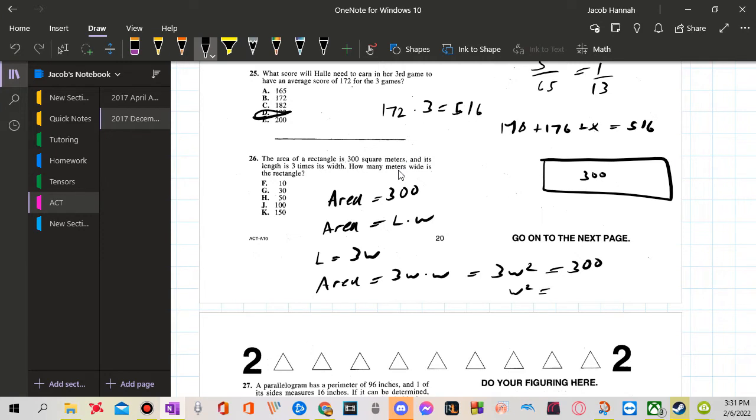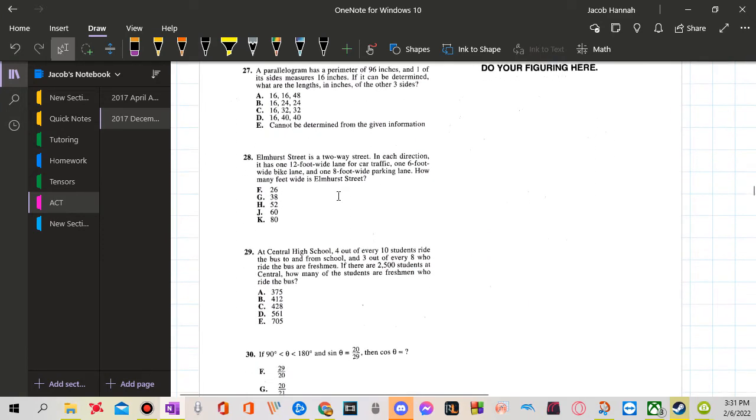Width squared equals 300 divided by 3, which is 100, and take the square root. So width squared is 100, and so width must be 10. How many meters wide is the rectangle? It's 10. There we go.